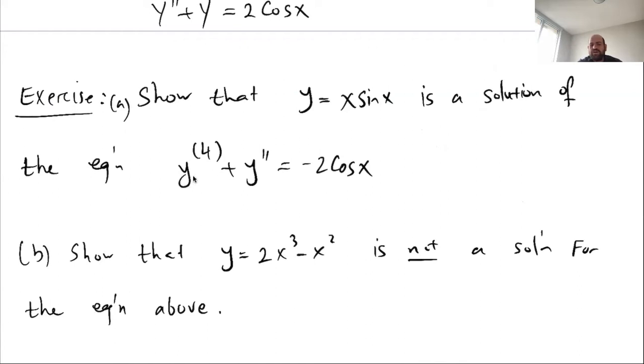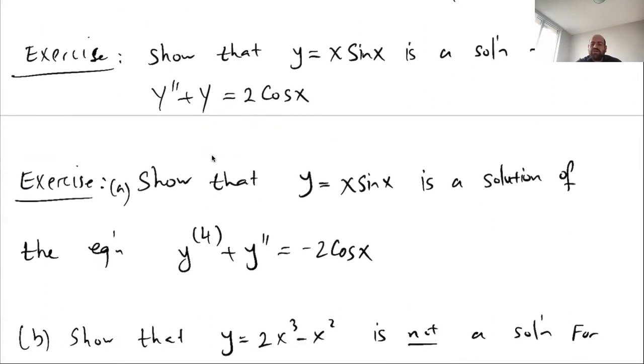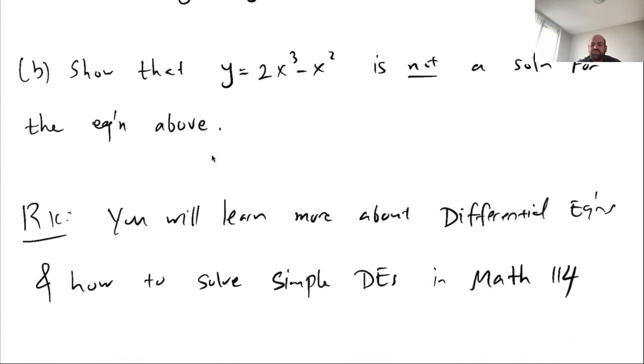For example, see all the y terms here have power 1, so they will be considered linear, but if I replaced it with y squared, then it won't be called linear. So in Math 114, you will learn a little bit about types of differential equations, and how to solve them only in very simple cases.